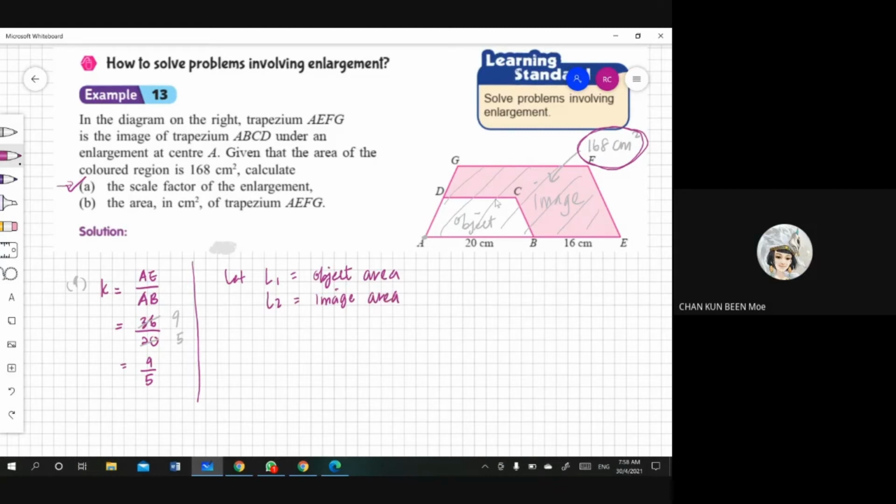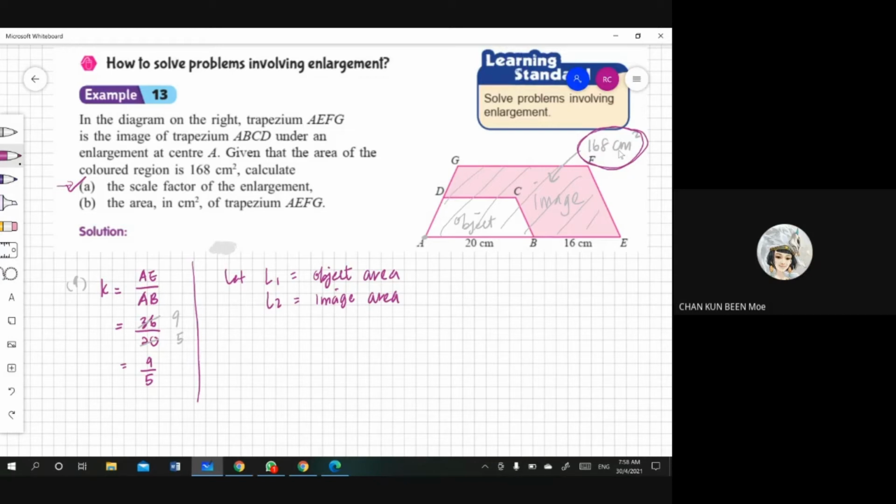I repeat again. You're given 168 for the colored region over here, this part. If you want to get the answer for the trapezium AEFG, the big one, first you need to find the equation. That will be AEFG minus ABCD equal to 168.